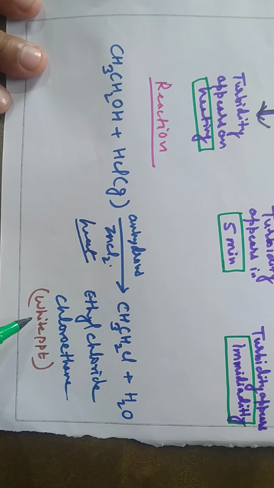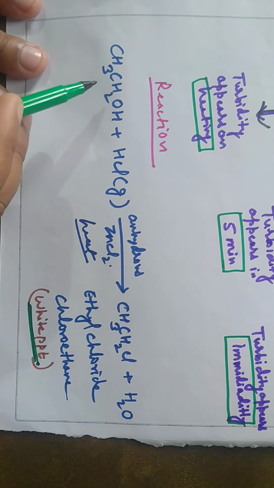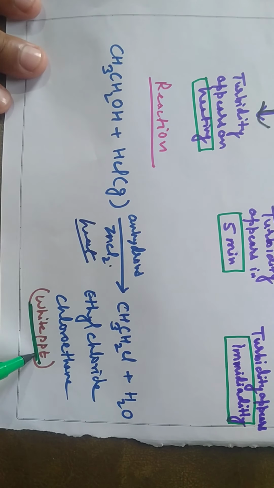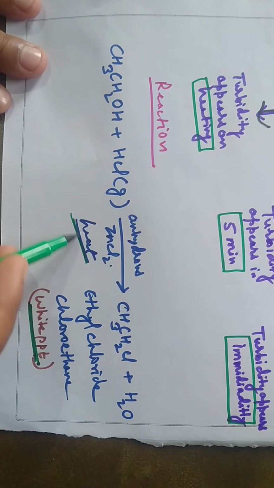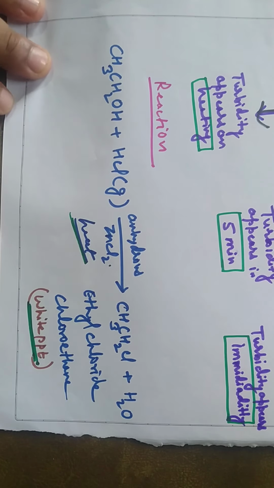Now we have written here white precipitate forms. So I would like to clarify that 3 degree alcohol will give it immediately, 2 degree will give after 5 minutes, but we have taken 1 degree alcohol. So turbidity will appear on heating. Now let us see the mechanism behind these reactions.